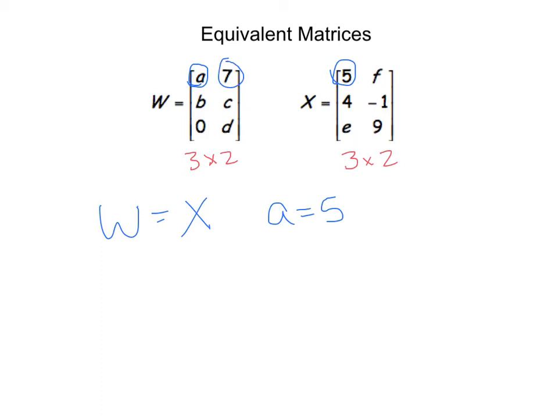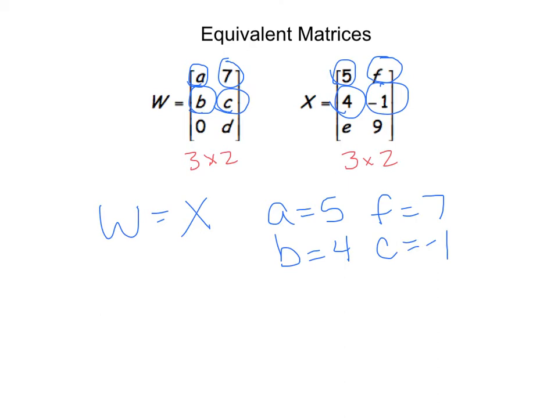Here we have 7 at the 1, 2, and F at the 1, 2, so F equals 7. And B would have to equal 4. And C would have to equal negative 1. And E would equal 0. And D would equal 9.